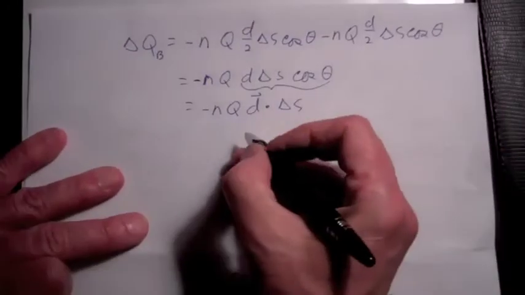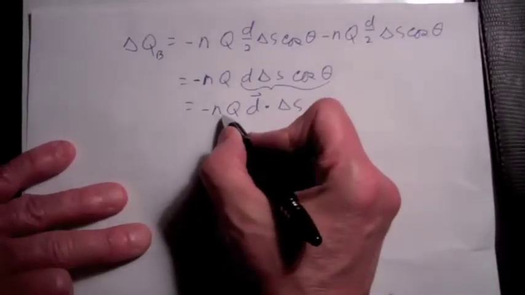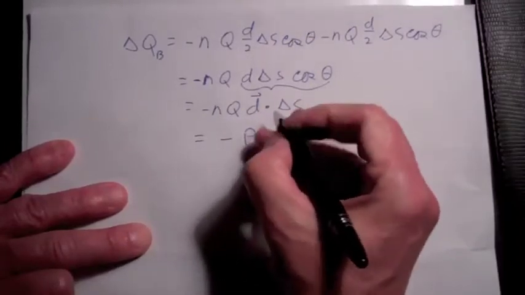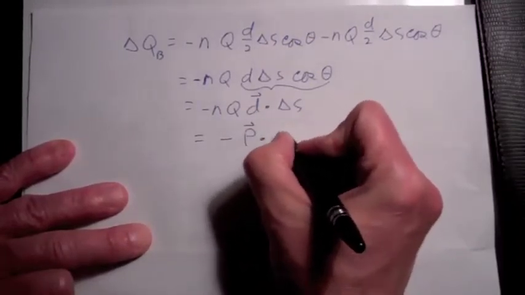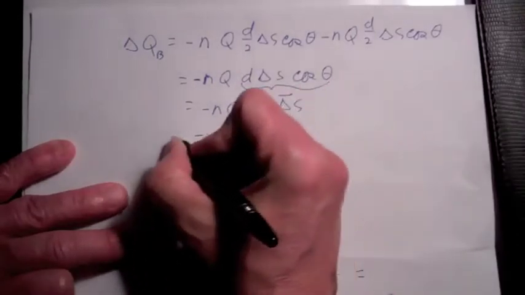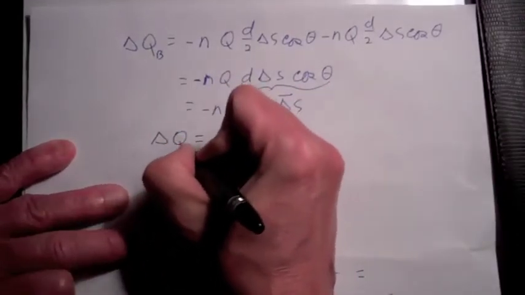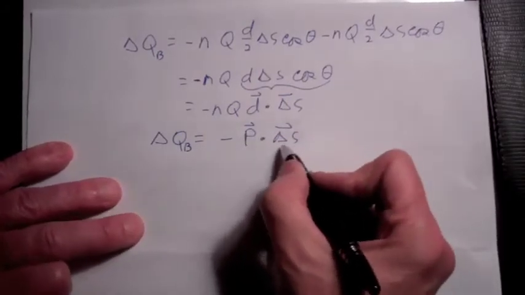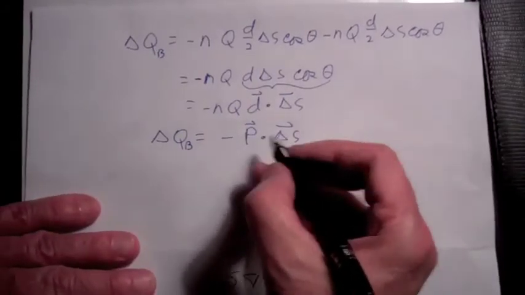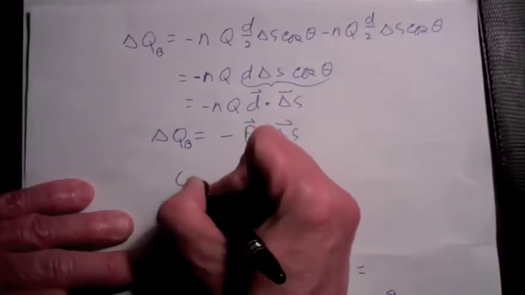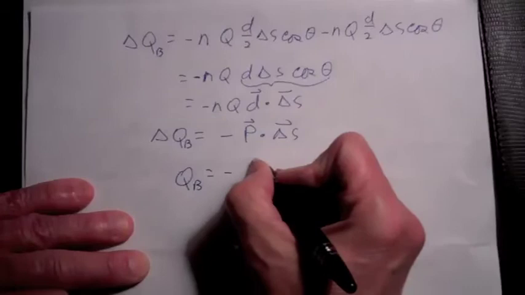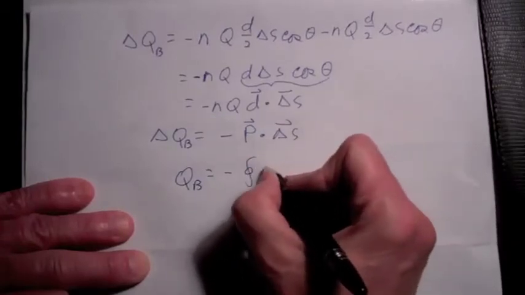And we can also recognize that minus nq times d is just the value of our polarization field. So that's the change in the bound charge just due to this one surface element. So the total change in the bound charge inside our enclosed volume is minus the integral over that closed volume of P dot ds.